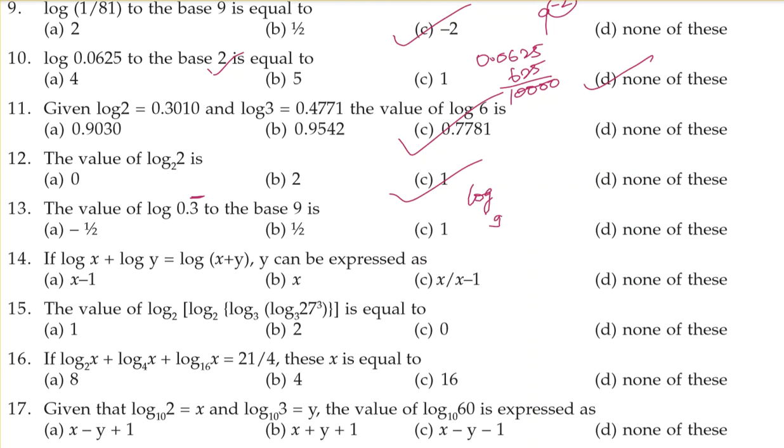That means 0.333333, that means 1 by 3, and that will be log 3 raised to the power minus 1, and here is 3 raised to the power 2. In that case it will be minus 1 by 2. Otherwise this question cannot be solved without a scientific calculator or a table. So the answer will be minus 1 by 2 if there is a recurring symbol. If there is no recurring symbol, the question cannot be solved.